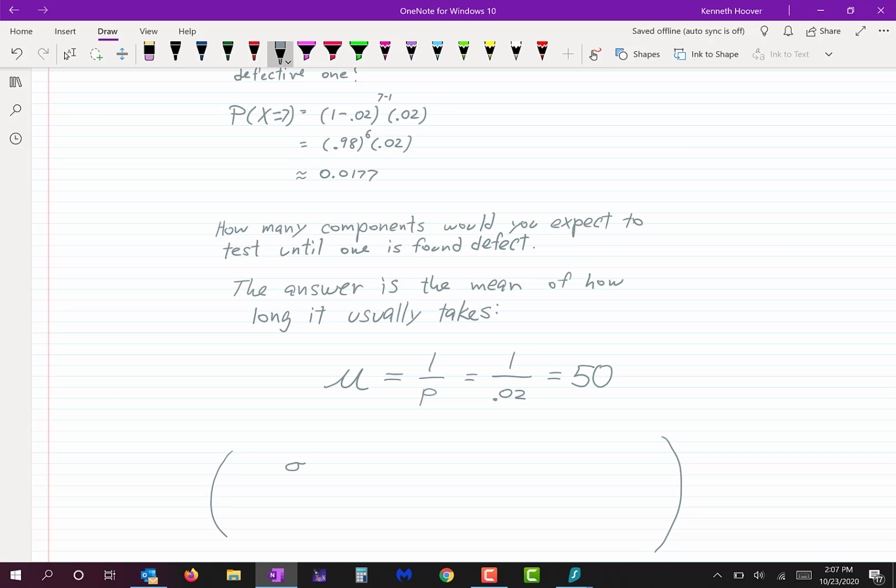which remember we call sigma squared. For a geometric distribution, the variance is 1 over p times 1 over p minus 1. I don't want you to worry right now about variance and standard deviation and what they mean.